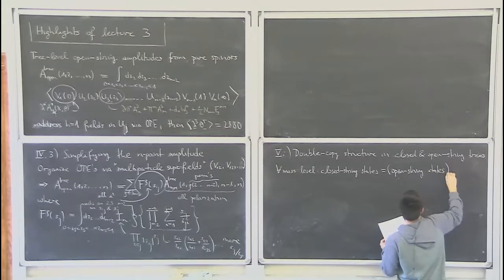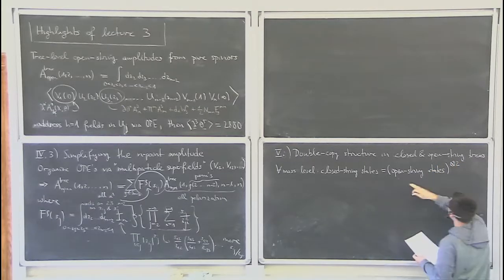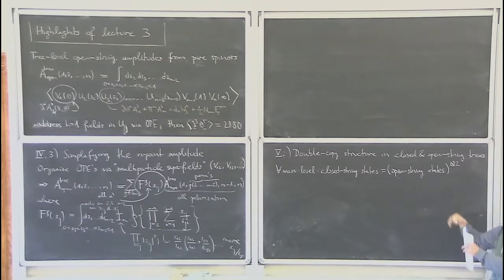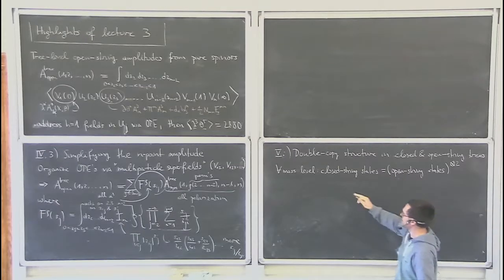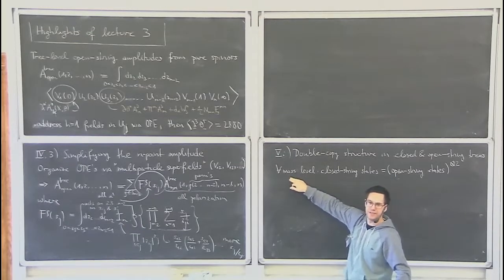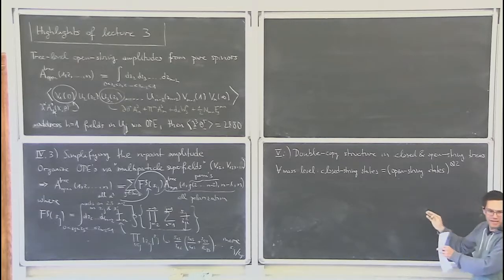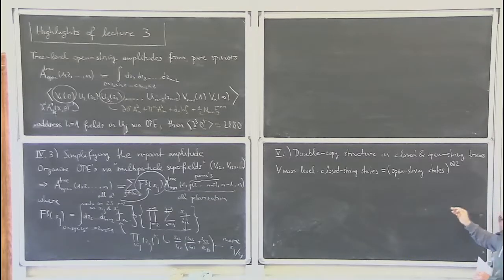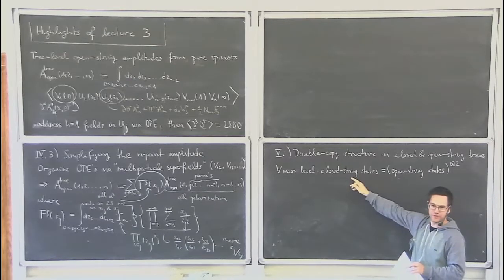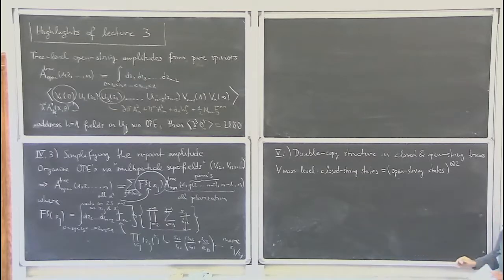You need to look at a tensor product involving two open string states, and then you exhaust the closed string spectrum. Of course, by level matching, you have to do this separately at each mass level. Namely, the space-time momentum will be the same in the two chiral halves of a closed string state, so we should make sure that k squared takes the same value in both components of the tensor product.